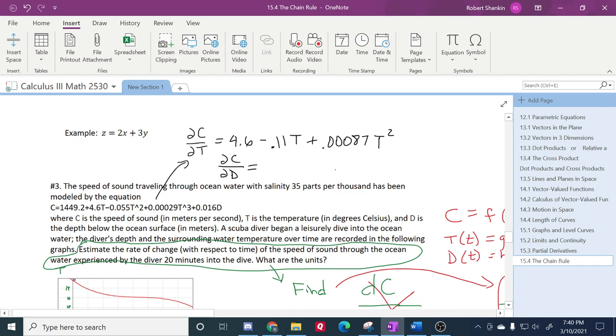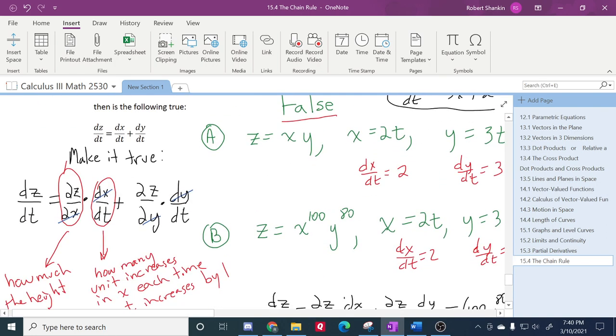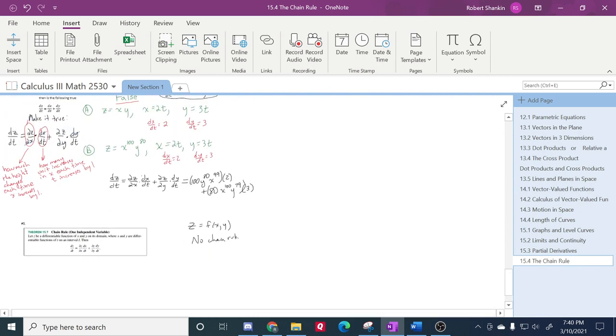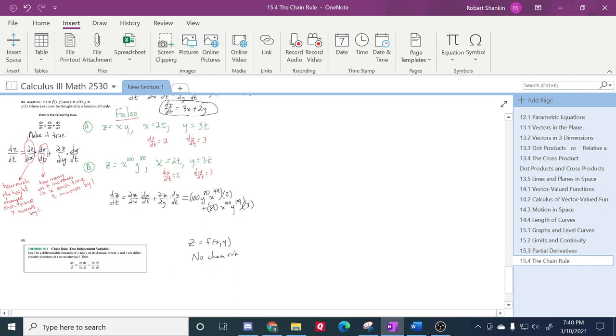If we scroll back down to x to the 100th and y to the 80th power, and look at the partial for those, my understanding is that for the partial derivative of, I think it was z with respect to x, well, basically, we should just forget.